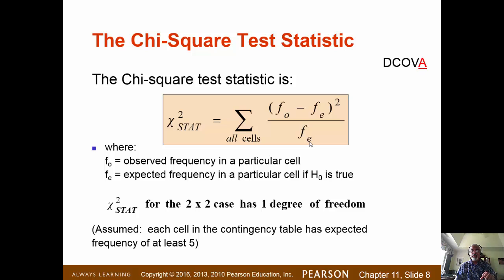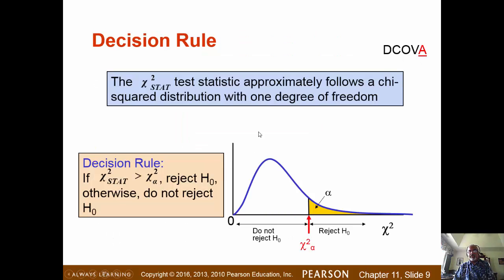We will use either the table in the back of the chapter, or we can use the function in Excel, CHISQ, dot INV for the table value, dot DIST for the p value. This is what the chi-squared distribution looks like, and alpha goes in the right side tail.